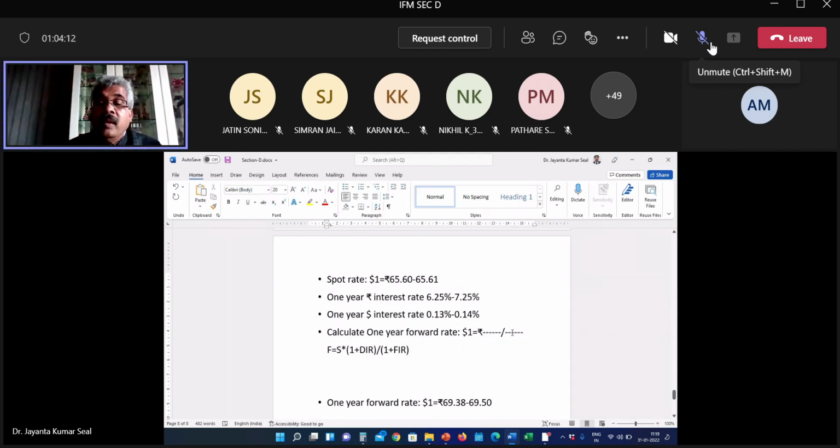So this is your bid rate, this is your ask rate. Last time it was very easy because we had only one spot rate, one interest rate for domestic currency, one interest rate for foreign currency, and we calculated one forward rate. This time you have two spot rates, two domestic interest rates, two foreign interest rates, and you have to calculate two forward rates, bid and ask.